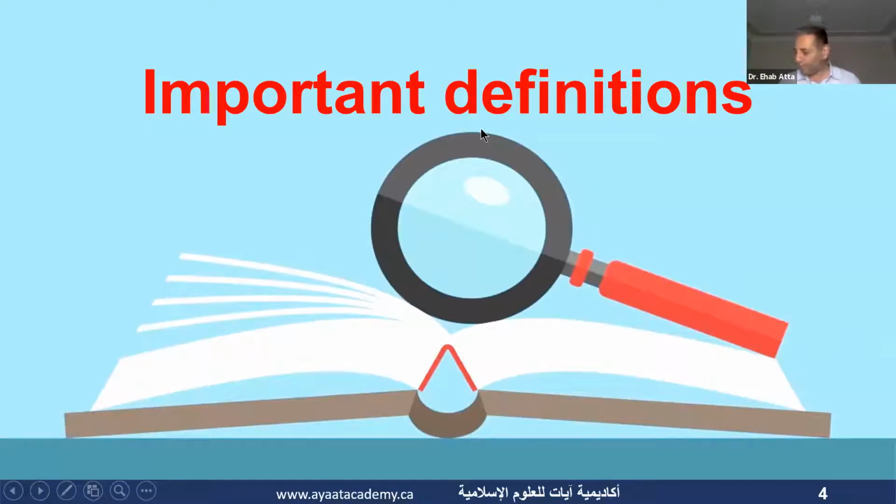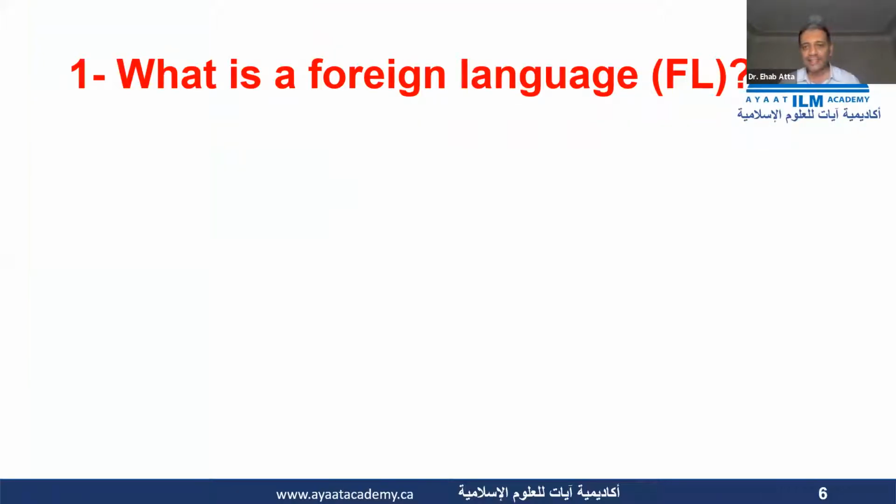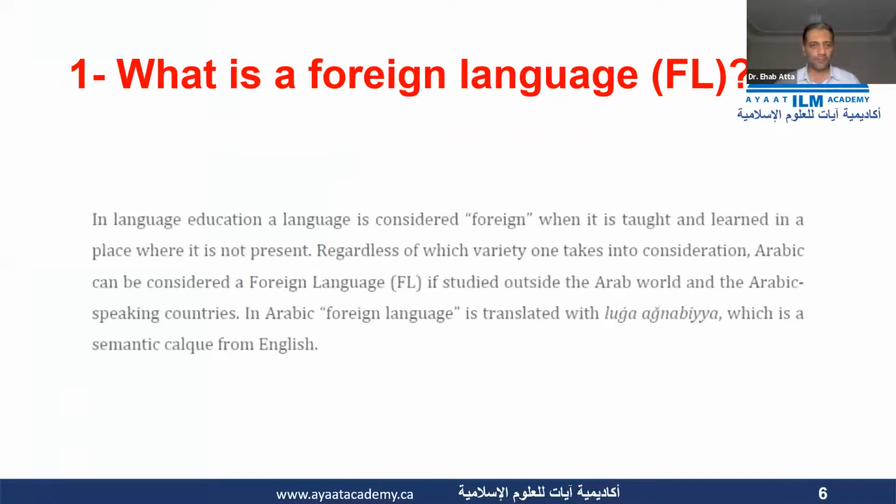As for the important definitions, as I told you, we'll go over the foreign language, the second language, the mother tongue, and the heritage language. Let's begin together with the foreign language. What is a foreign language, which has the abbreviation FL?